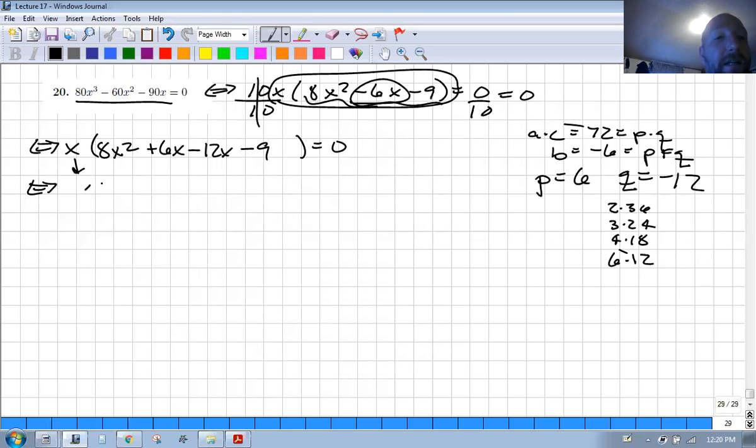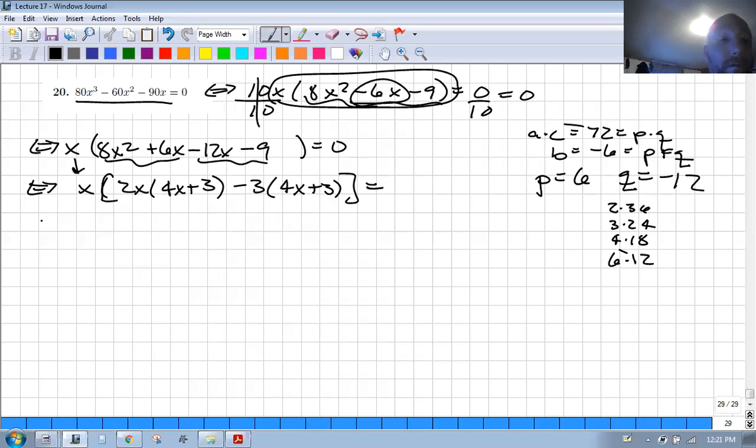We still got an x here. I'll pull a 2x out of this. And over here, I'll pull a negative 3 out. I still have this x. I have a 2x minus 3, both times 4x plus 3.